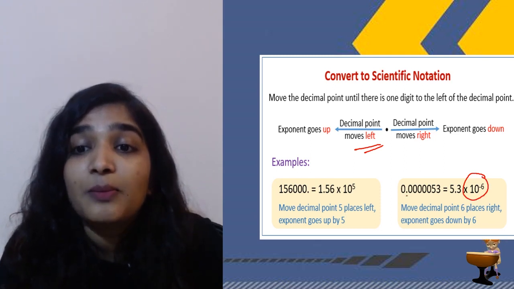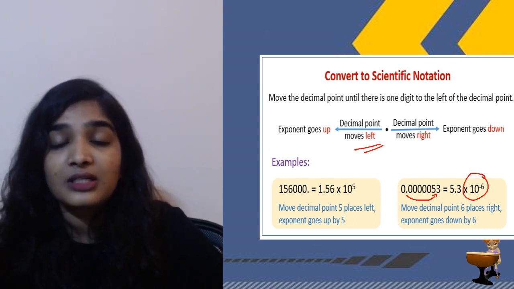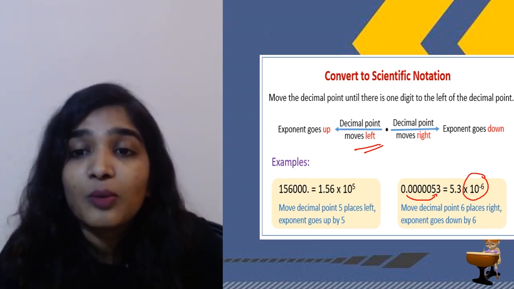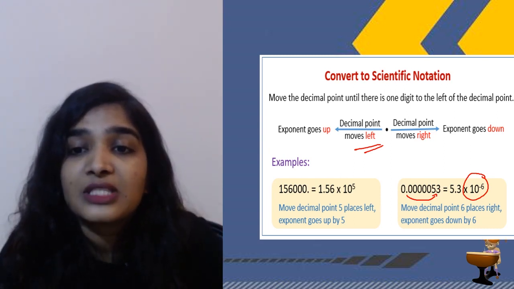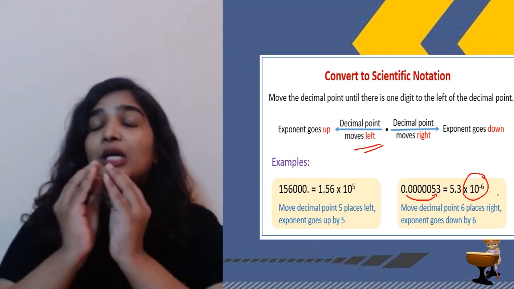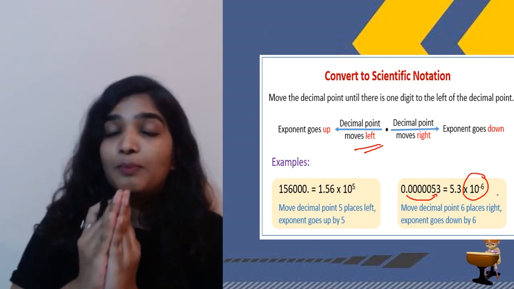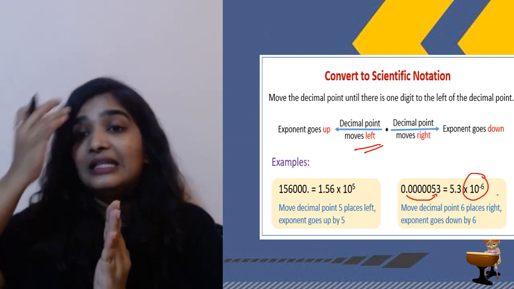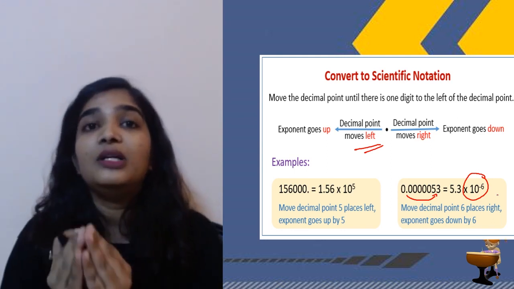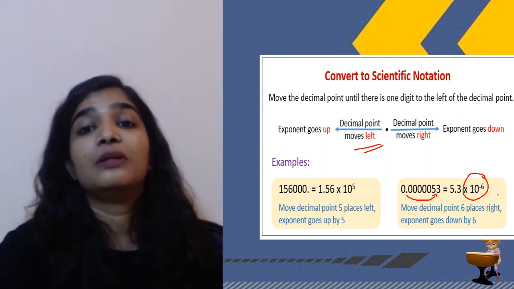See, the decimal point is moving towards the right. By how many places? It will be 1, 2, 3, 4, 5, 6. So I have to write 5.3 into 10 power minus 6. You have to remember this: whenever you are moving the decimal point towards the right, the exponent will be negative, and when you are moving it towards the left, it will be positive.